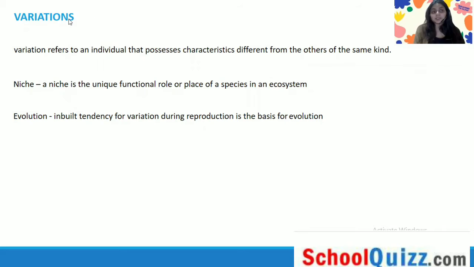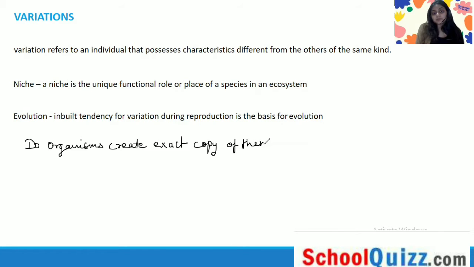So today we will discuss variations. In the previous class we discussed chapter 8 of class 10th NCERT: reproduction, what is reproduction, and whether organisms create exact copies of themselves.